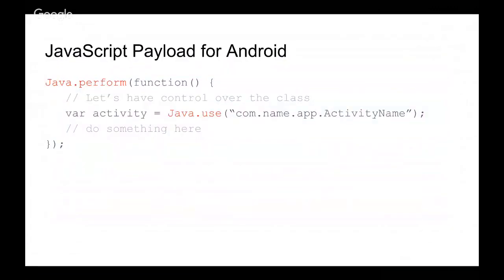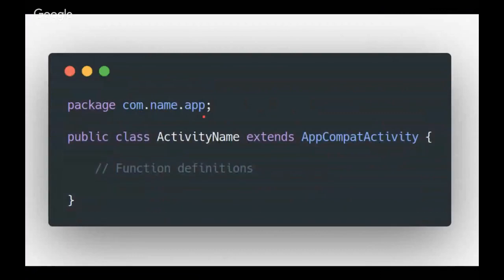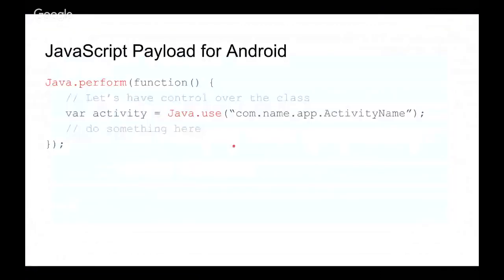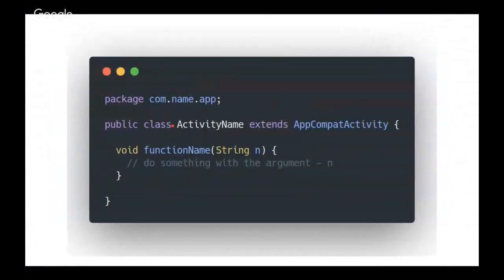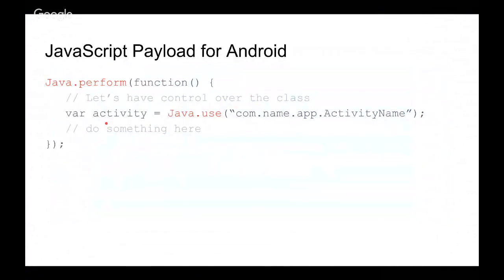All you have to do is use this special keyword provided by the Frida API for Java, Java.use, with the complete name of the class. The complete name of the class includes the package name along with the name that was given. In our example, the package name is com.name.app, and then we have the class name as ActivityName. Then we assign the result to a variable called activity. Right now, this activity contains the object of this class.